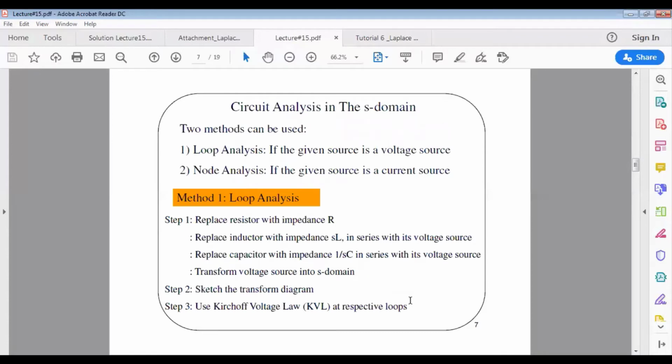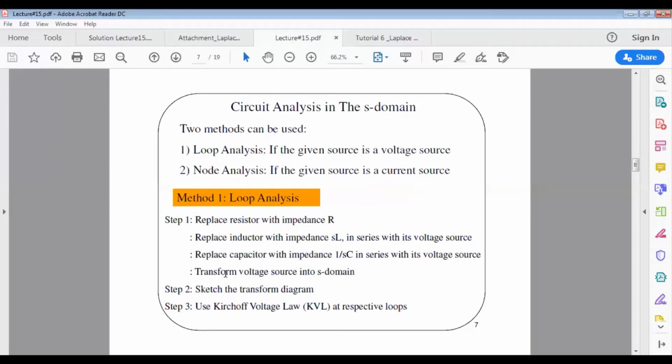So let's have a look at method 1, if you use the loop analysis technique. Step number 1, you have to replace all the passive devices that you have in the circuit, which include the resistor, the inductor, the capacitor, and also the voltage source.